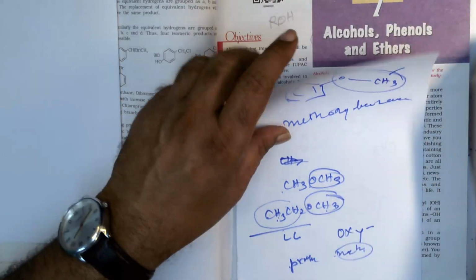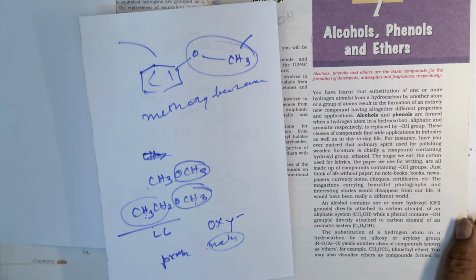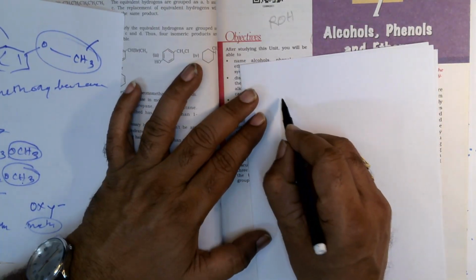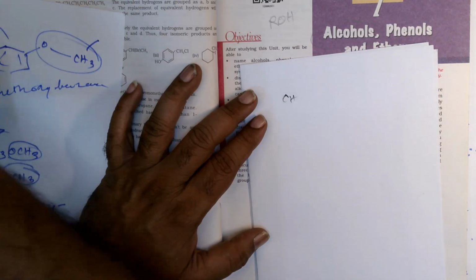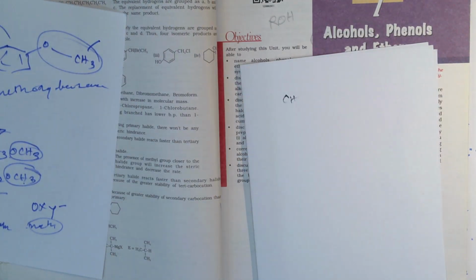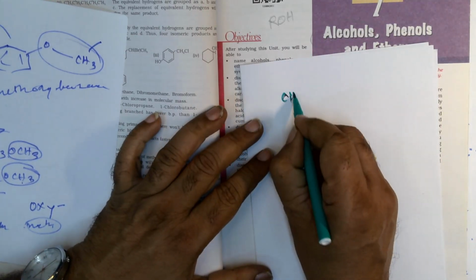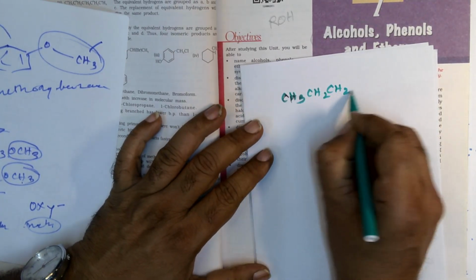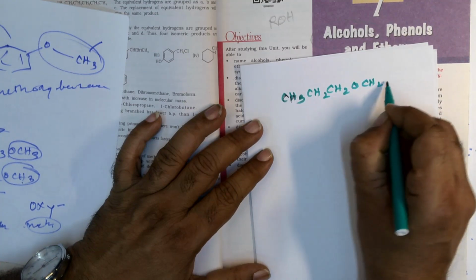Now let me write one structure. You try to identify the nomenclature. CH3, CH2, CH2, O, CH2, CH3.